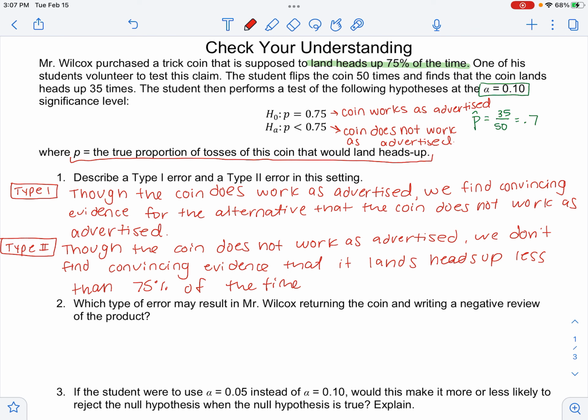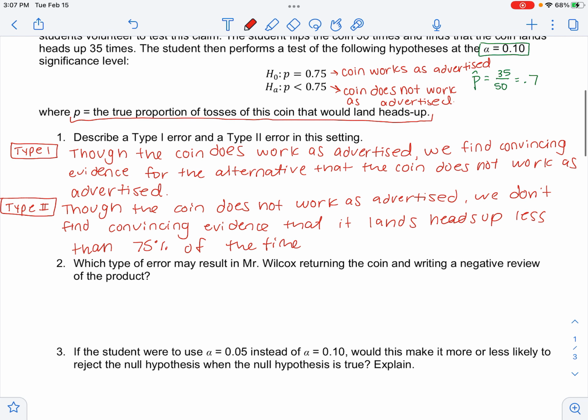Again, I just kind of restated the alternative in a new way, because we already said it once, so we could add something new to it.